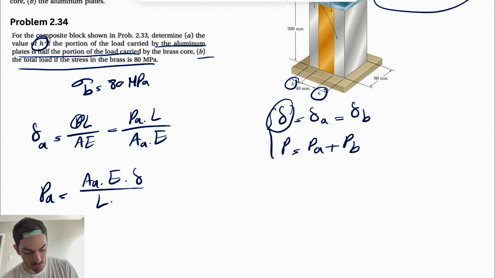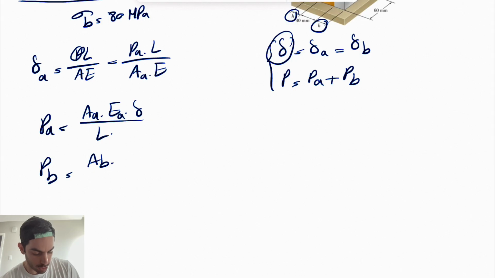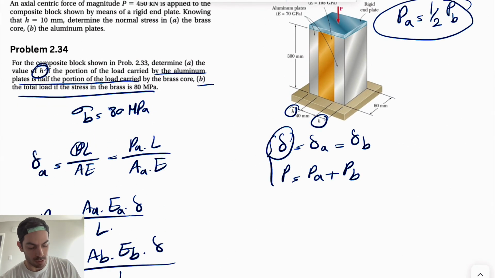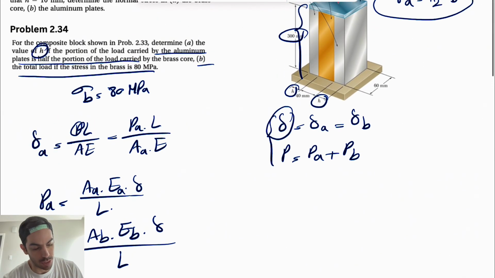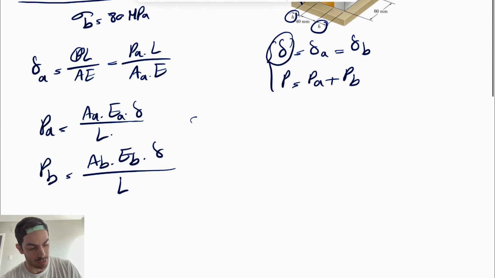And we're going to have the same story for PB as well, with the slight difference that the elastic modulus is different. Same deformation and same length, and they're both actually the 300 that we have in here. And we have this equation that PA is half of PB. So we're going to show that with a star.